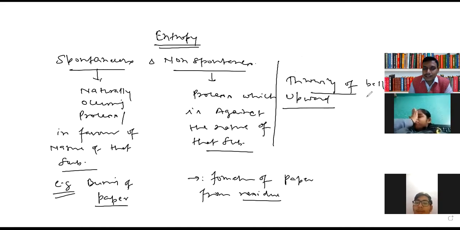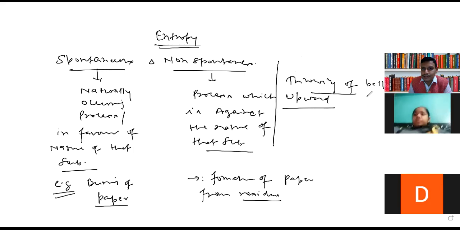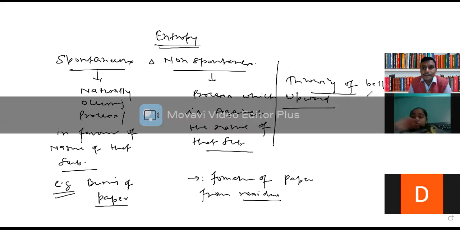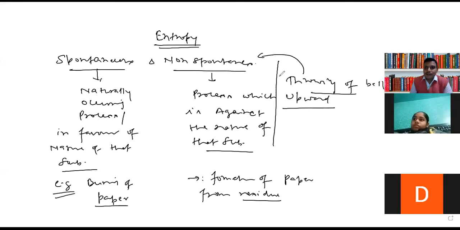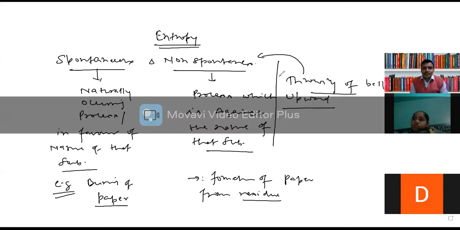Because the ball has the tendency to go down due to gravity, throwing a ball upward is basically against the nature of that ball. That's why this is a non-spontaneous process. And you don't even need to throw it; if you just release this ball or this pen like this, it will go down under gravity. This is the spontaneous process.